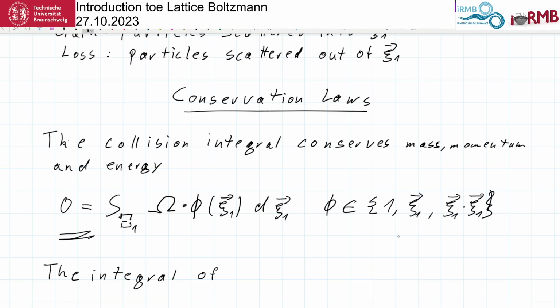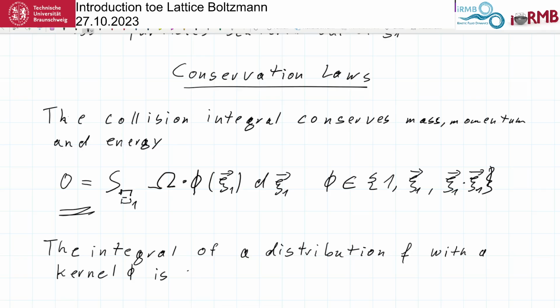So the integral of a distribution f with a kernel phi is called a moment, and they are more or less the most important entity that we have to understand in order to understand kinetic theory.